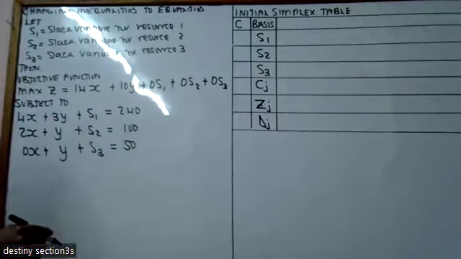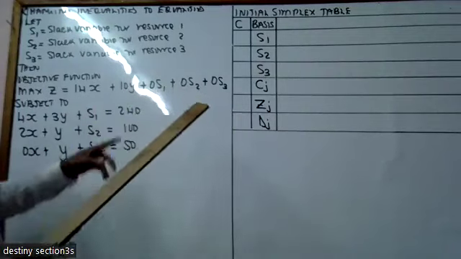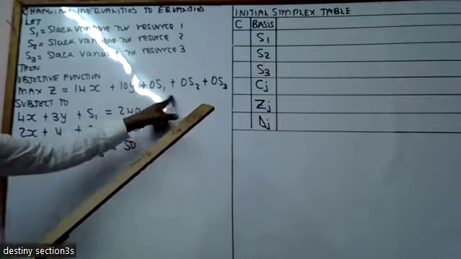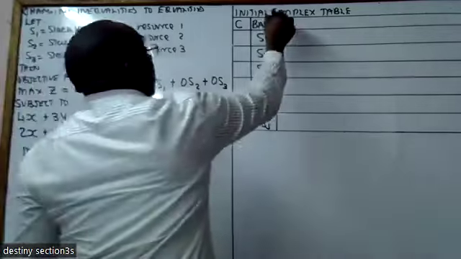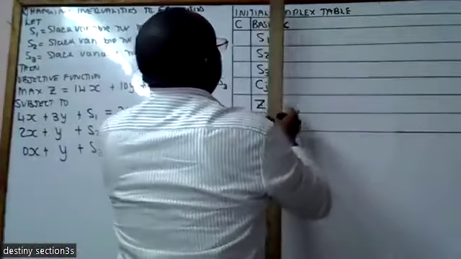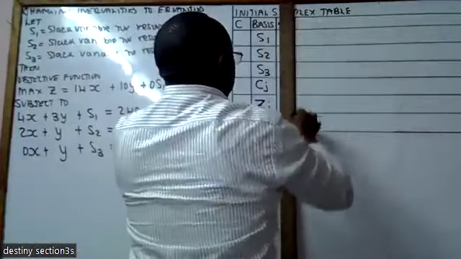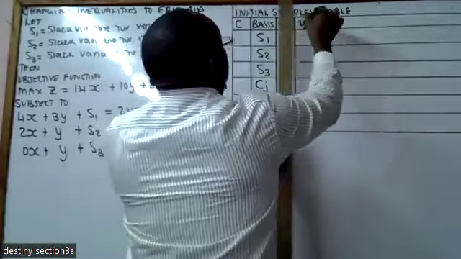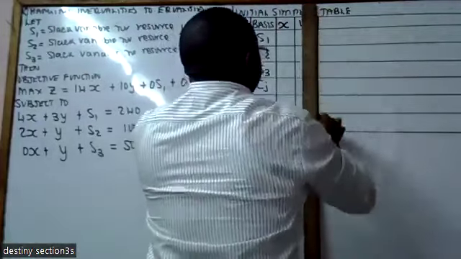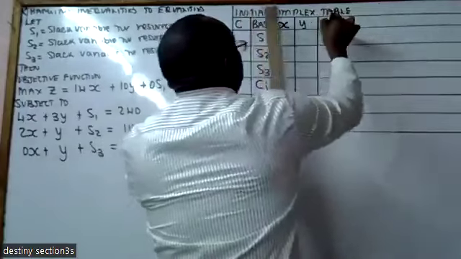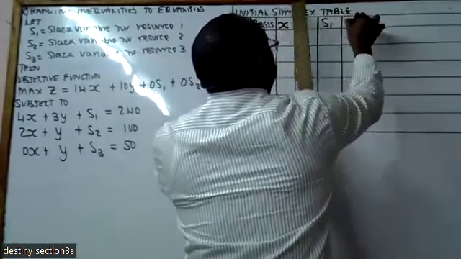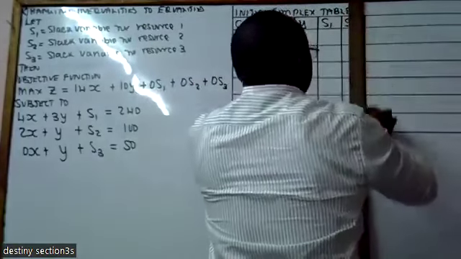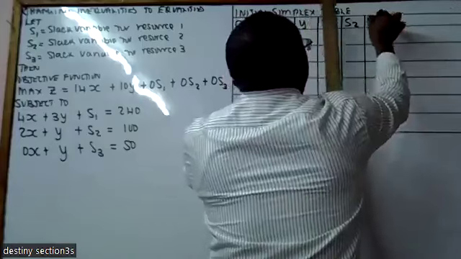From there, these items that are in the objective function become the titles of your columns. So I have a column called X, another called Y, another called S1, another called S2, and another called S3.